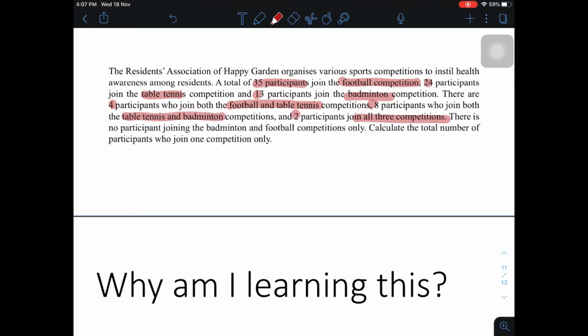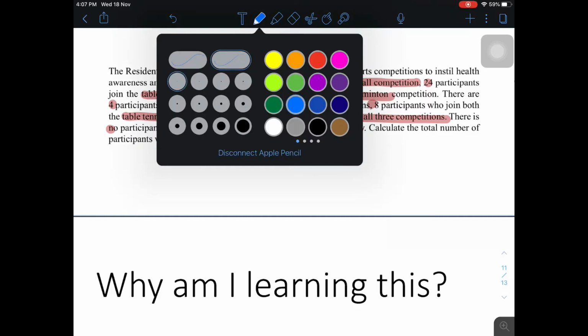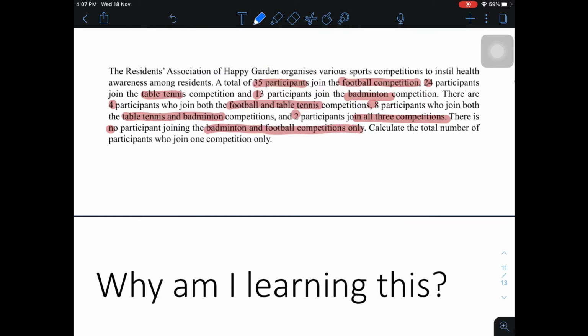There are no participants in badminton and football. Calculate the total number of participants who join one competition only. Alright, then we'll use the Venn diagram again.